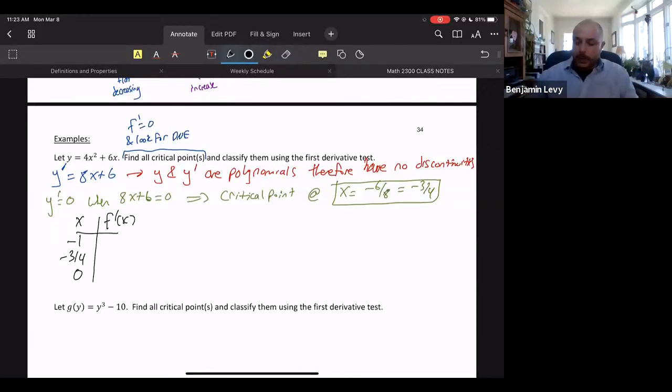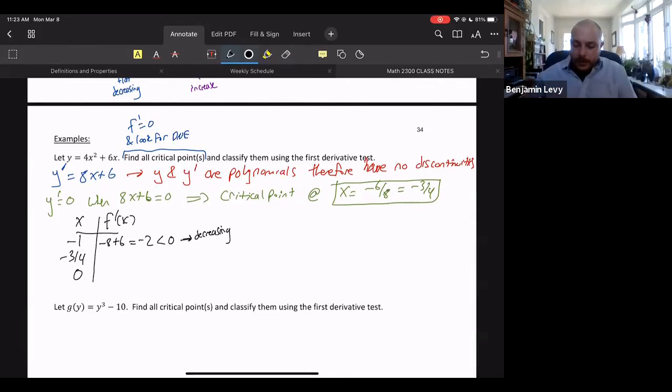And so when you plug -1 into that, you get -8 plus 6, which is negative. Doesn't really matter what the value is. The point is it's negative. And so that means the function is decreasing at that point. When you plug that middle point in, you get 0. That's how we found it, right? We took the derivative and we set it equal to 0.